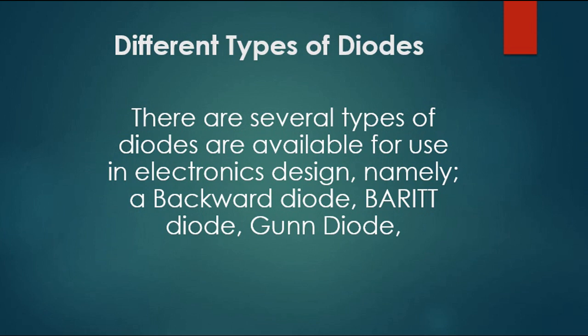But in today's video, we'll be discussing types of diodes, and one of the types of diodes will be discussed more in the next video. That one is called the Gunn diode.